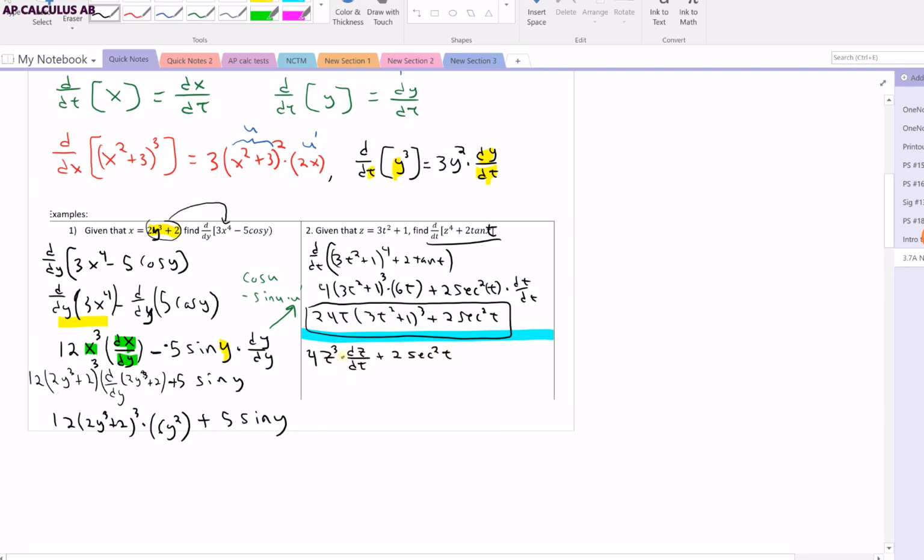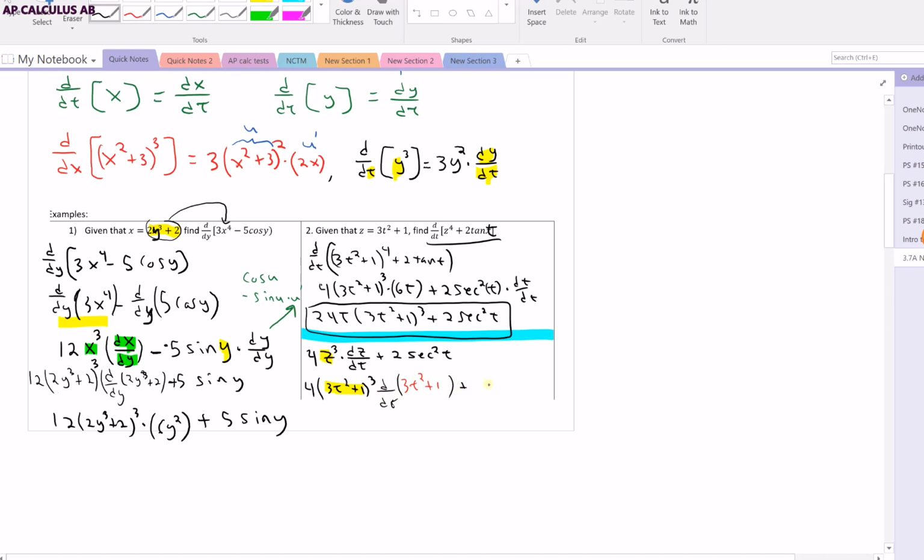And now that I have the derivative, I can plug in, and I get 3t squared plus 1 to the third, right? I'm replacing z with z. And then I have dz dt there, right? So I'm replacing my z with z, which is 3t squared plus 1 still.